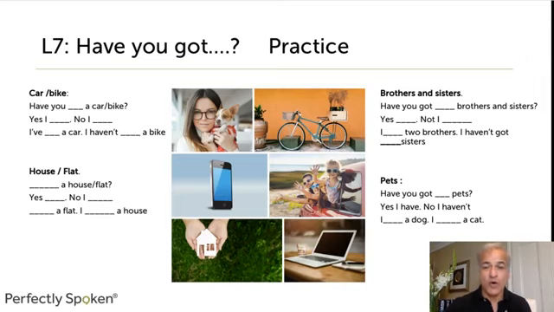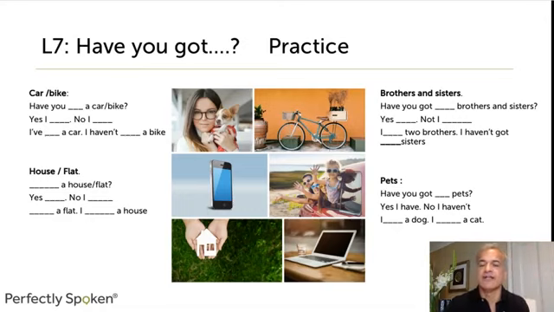So, all singulars. Let's look at plurals, brothers and sisters. Have you got any brothers and sisters? Yes, I have. No, I haven't. I've got 2 brothers. I haven't, so it's negative. I haven't got any sisters. So any questions?